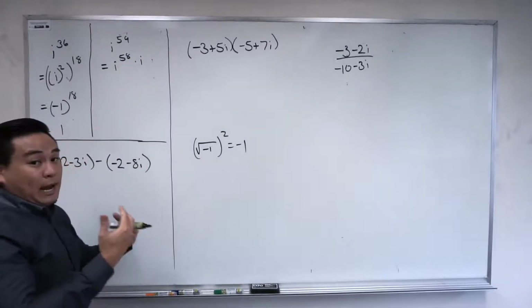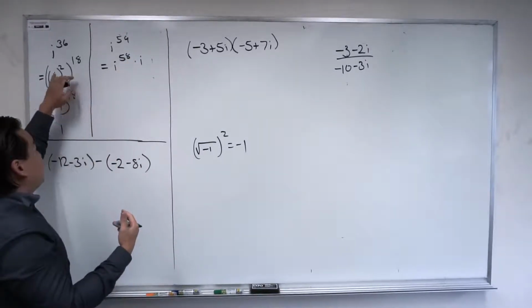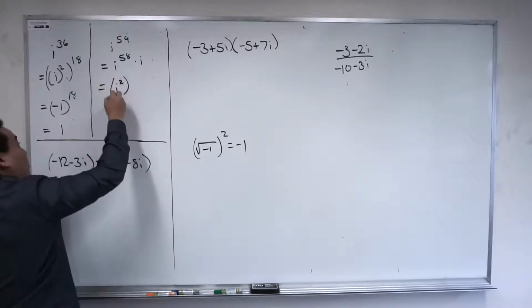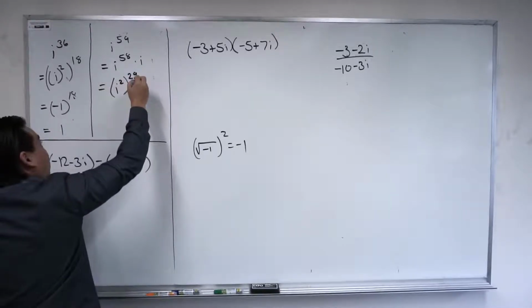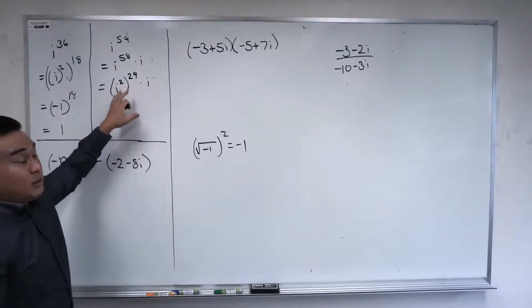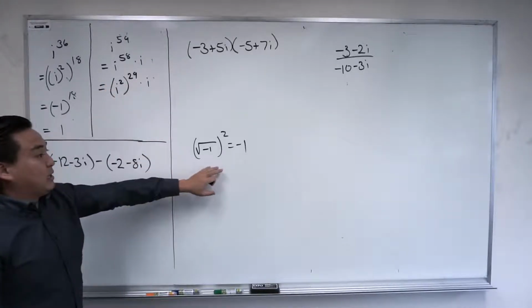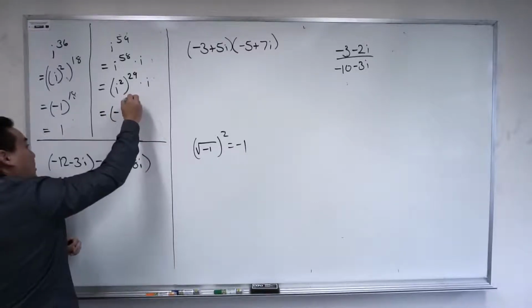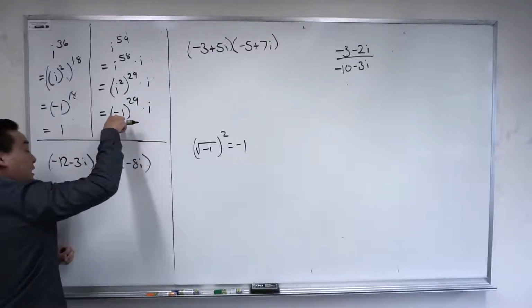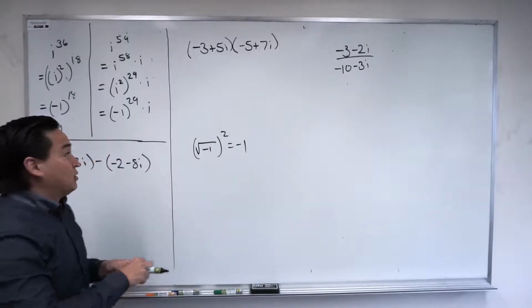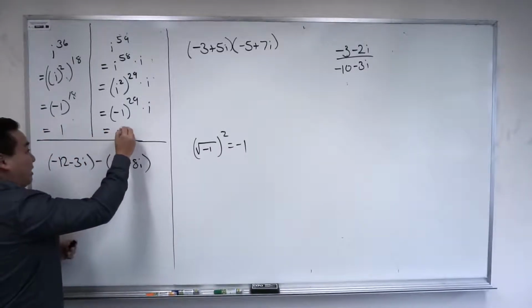So we can go back and use the same property that we did here to convert it into i squared raised to the 29th power times i. Because that's going to be 58. The inside i squared, again, is -1 to the 29th power, and a negative number raised to an odd exponent is going to be negative. So this is going to be just -i.